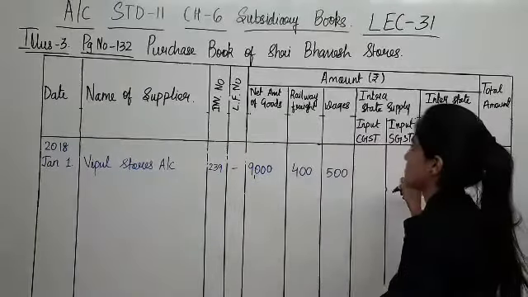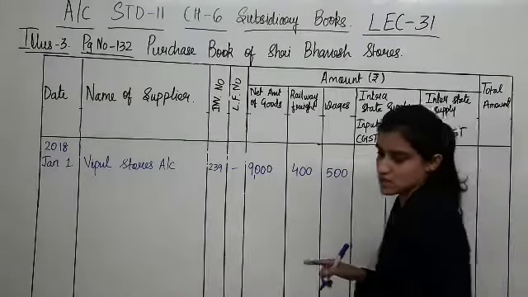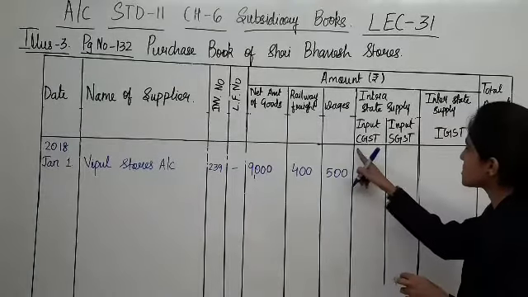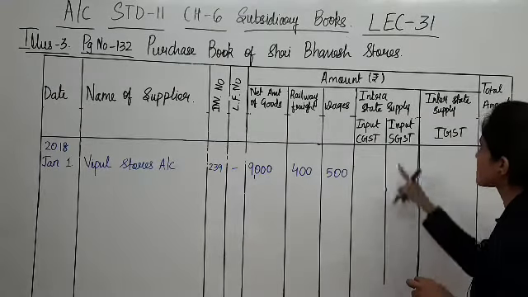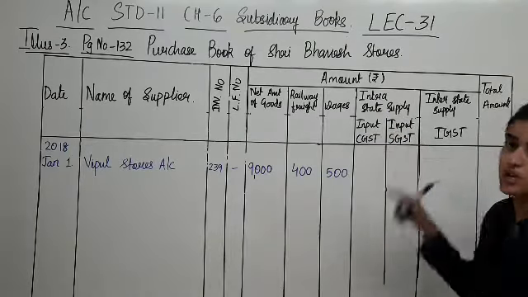intra-state supply. Yes, the rate of GST 12%. And as you know, 6% CGST and 6% SGST because it is intra-state supply.